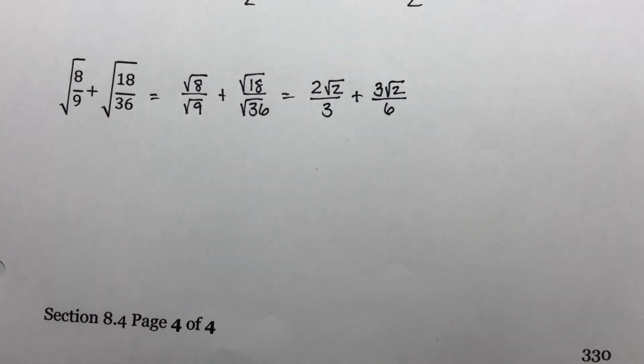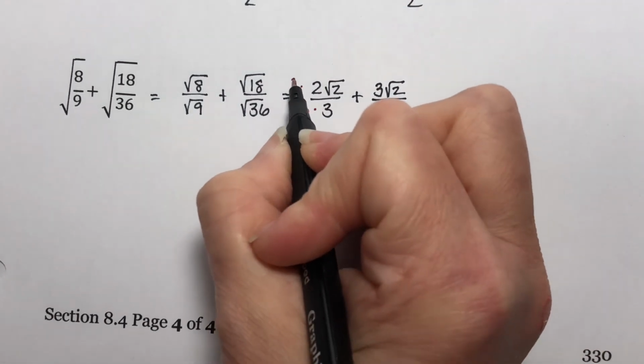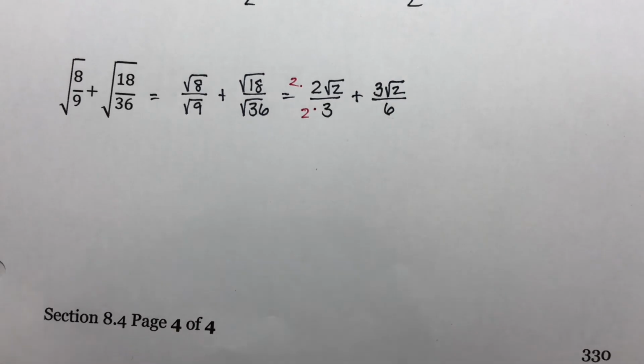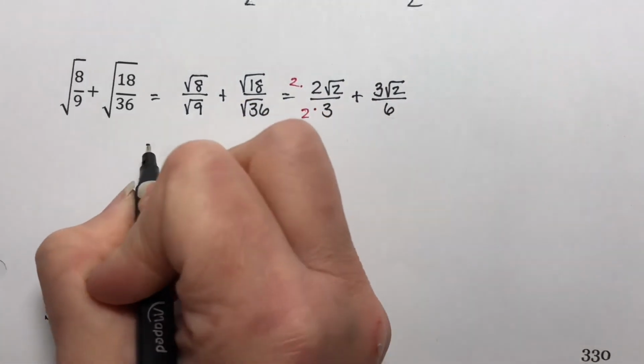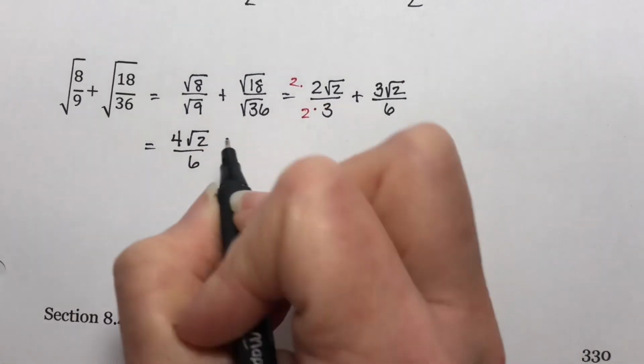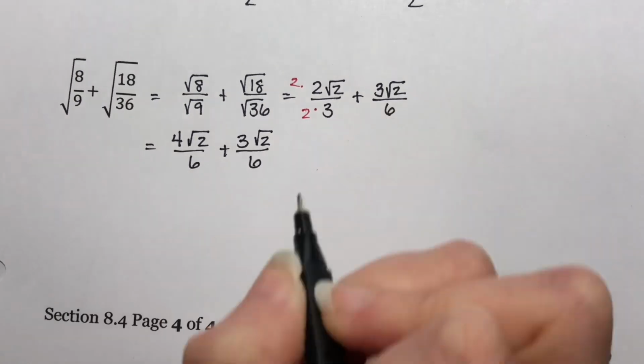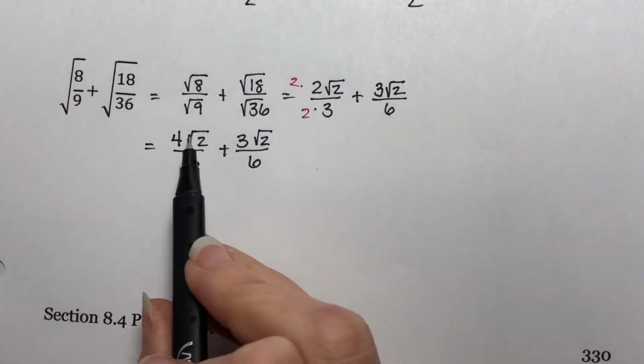Now we're going to need a common denominator. So I'm going to multiply this by a 2 and this by a 2 in order to get a 6. So that's going to be 4 times the square root of 2 over 6 plus 3 times the square root of 2 over 6. I have a common radical here.